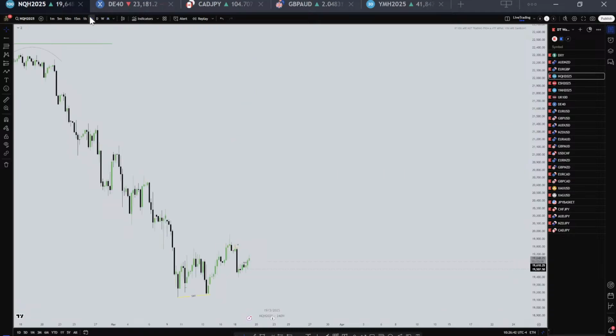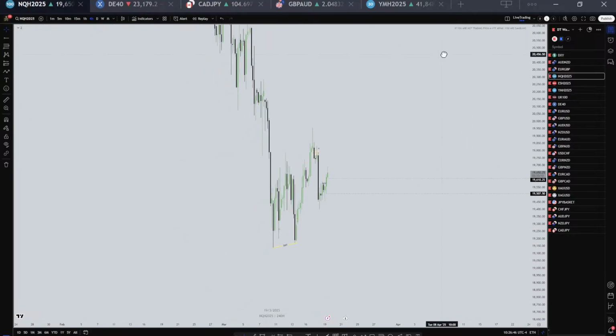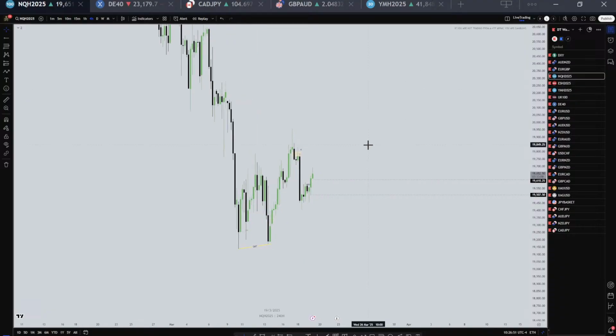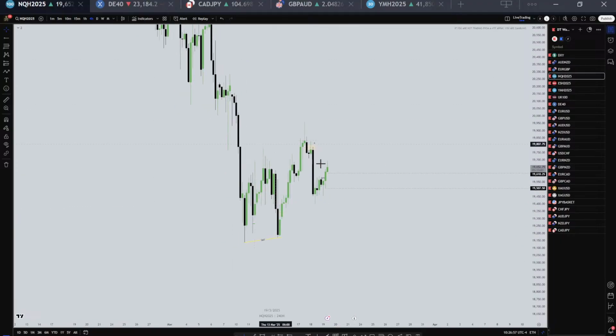So it means longing this is by default lower probability on the lower time frame. But with the current state of the market, I think we can start seeing some upside. That's why I'm a little biased towards the upside, but we're still very, very bearish. So here we're very bearish, and here we start to consolidate a bit. We have S&P at these lows, so we could see some upside, but again, neutral.